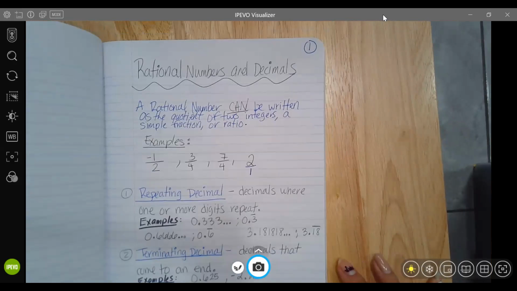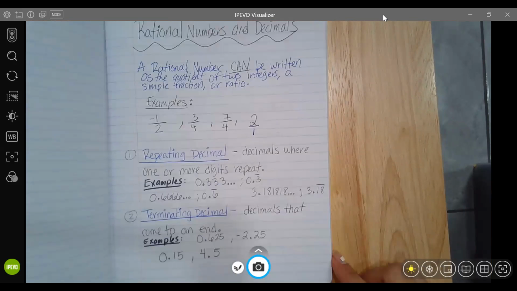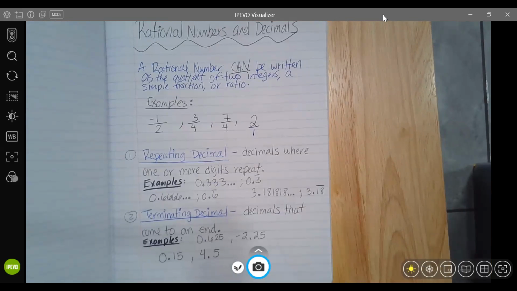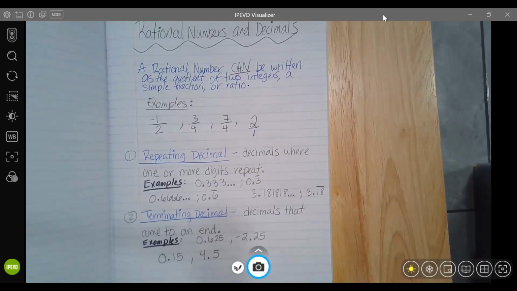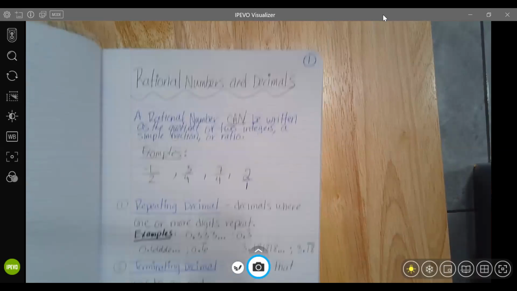So there it is. I give you the definition of a rational number, a repeating decimal, and a terminating decimal, and some examples. So I'll leave that there so you can pause the video, write them down in your journal. Make sure you label that page 1.